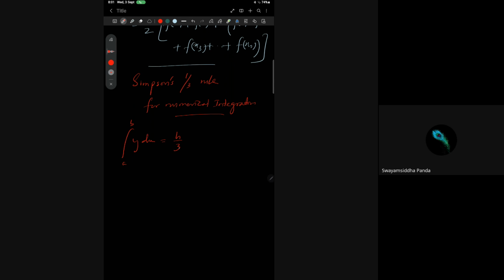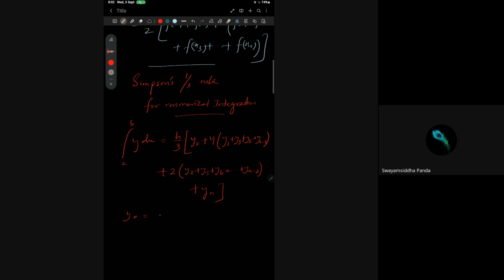This will be equal to h by 3 into y0, let me write down first, then I'll explain, plus 4 times y1 plus y3 plus y5, odd terms, up to yn minus 1, plus 2 times even terms y2, y4, y6 up to yn minus 2, plus yn.